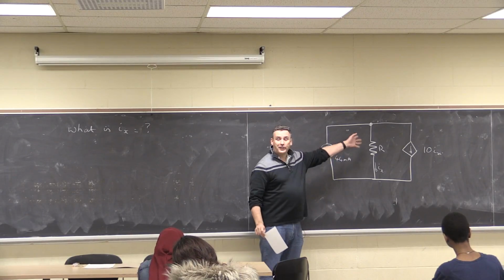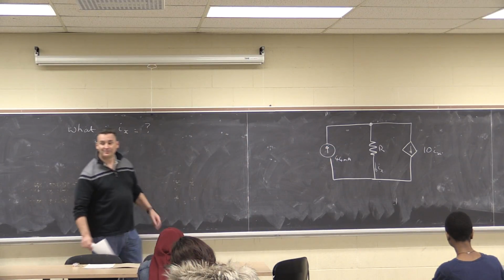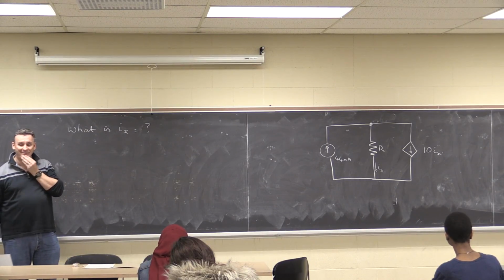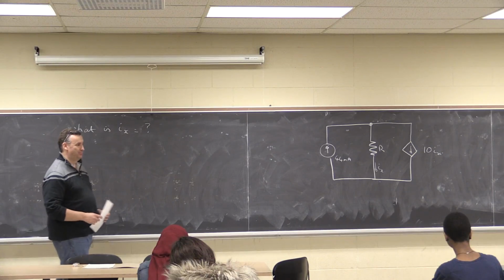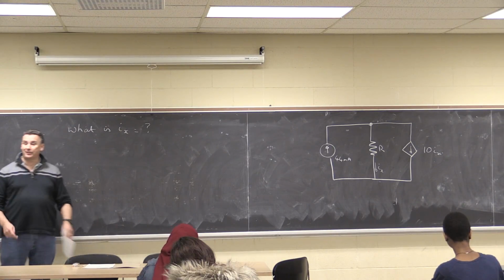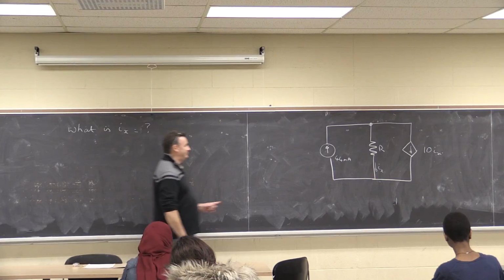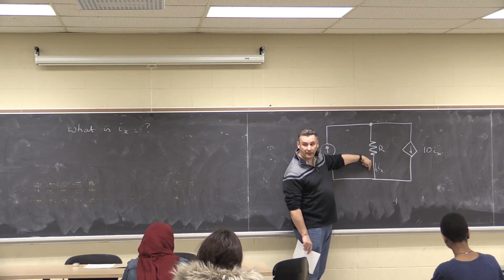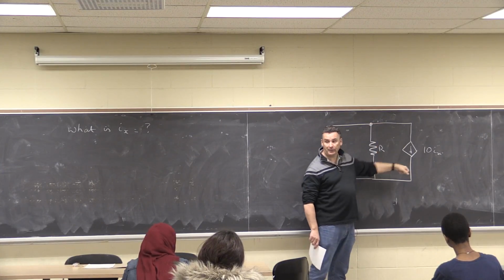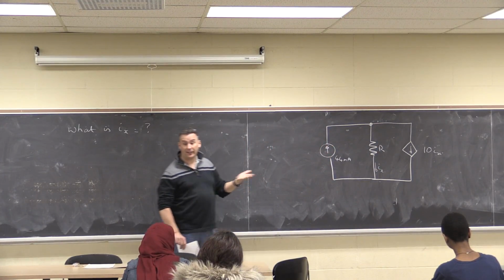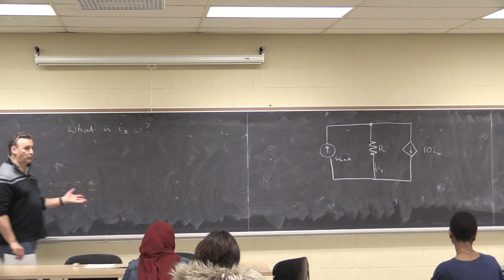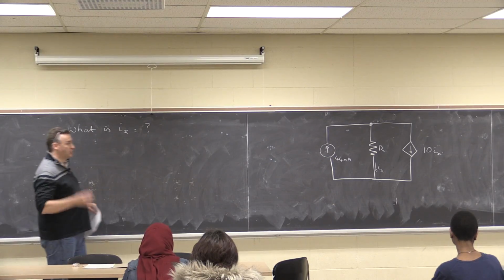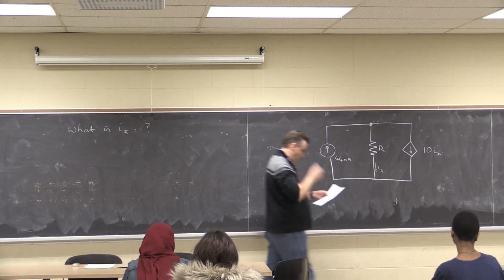So can we write down an equation for what's going into that node? There are only 3 currents going in or coming out: 44 milliamps going in, Ix coming out, 10 Ix coming out. So how much is coming out? 11 Ix. So Ix is 44 over 11, 4 milliamps.